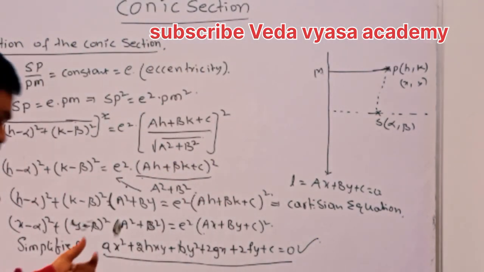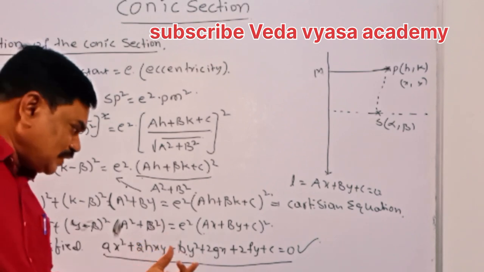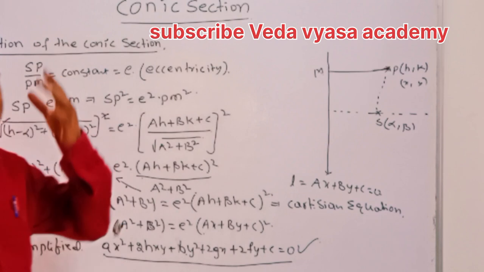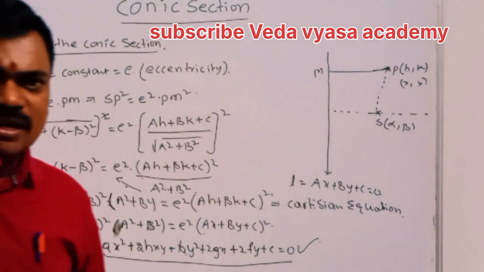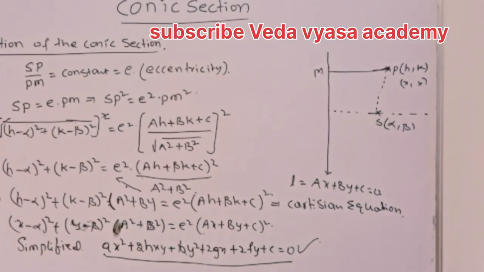What is the equation of the conic section? ax square plus 2hxy plus by square plus 2gx plus 2fy plus c is equal to 0 represents the equation of the conic section.